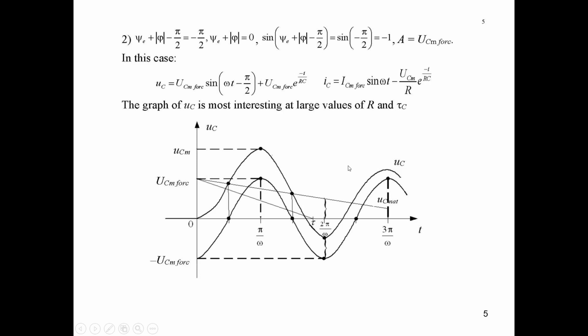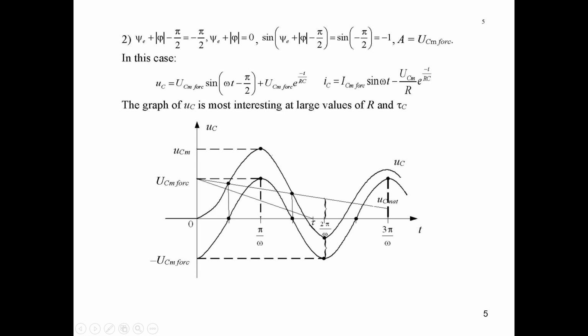Let's consider the case of a very slow decrease of this exponential function, when we have a really large value of R, and therefore a large value of tau C equal to R multiplied by C. In such a case, diminishing of this uC natural will be really slow, and the sum of uC forced and uC natural will change in such a way.